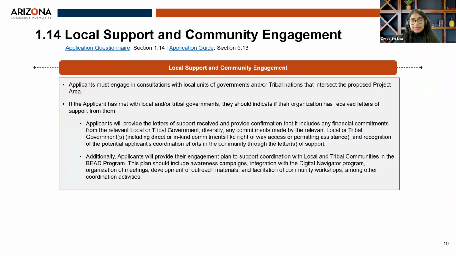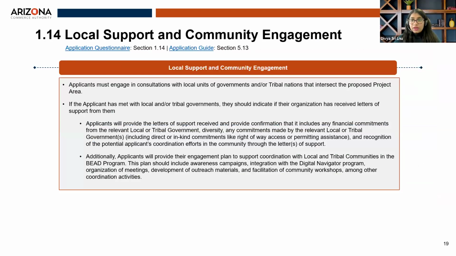And the next section is the local support and community engagement. This is also a part of the scoring criteria, where the applicants must engage in consultations with the local units of government and or tribal nations that intersect their project area. Based on those consultations, the applicants will be required to provide two things. One is the letters of support.